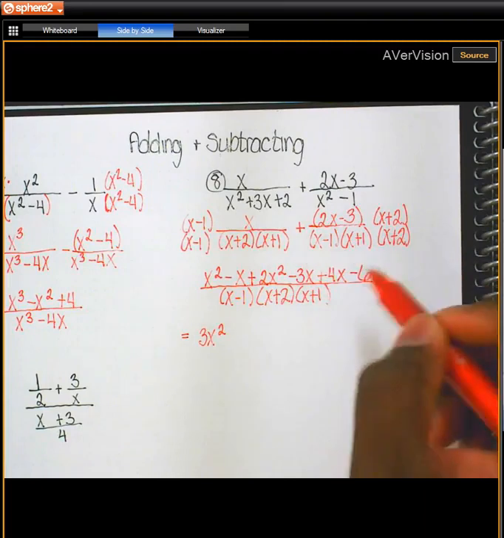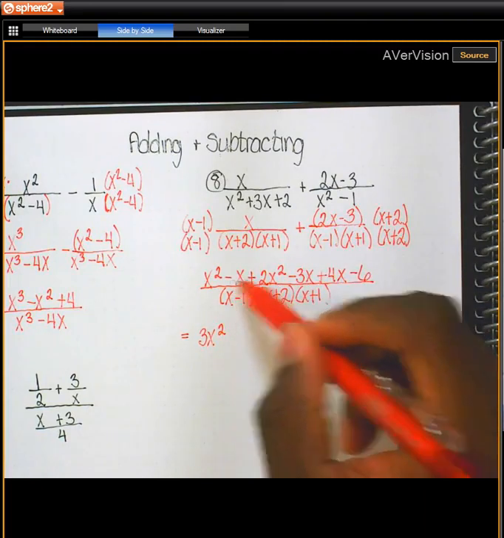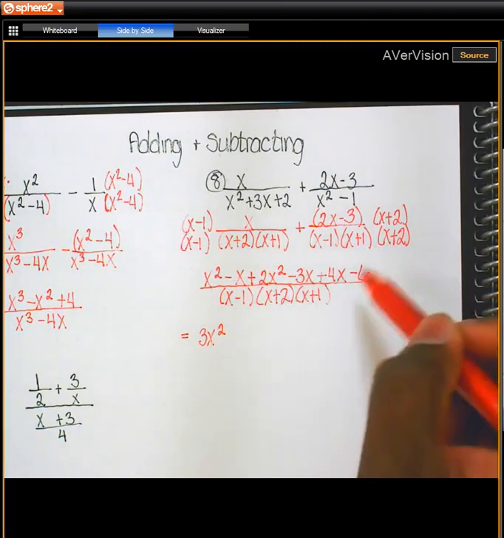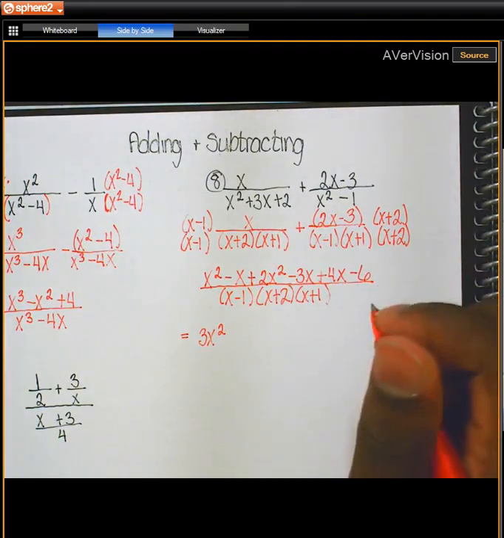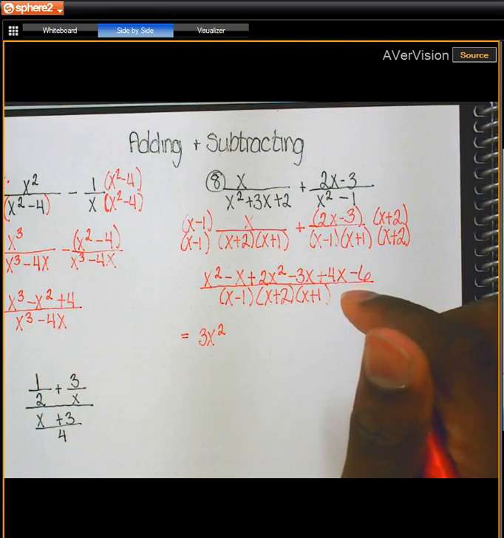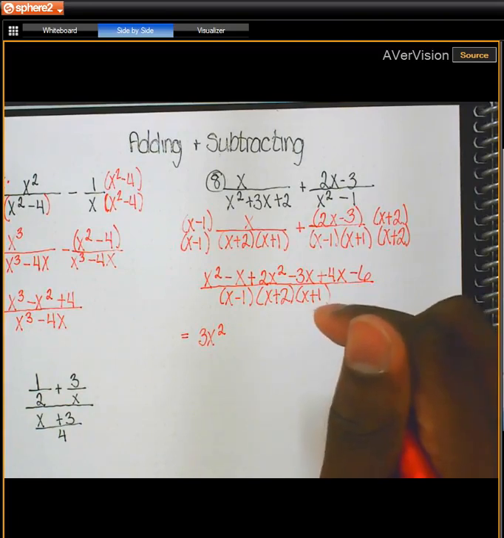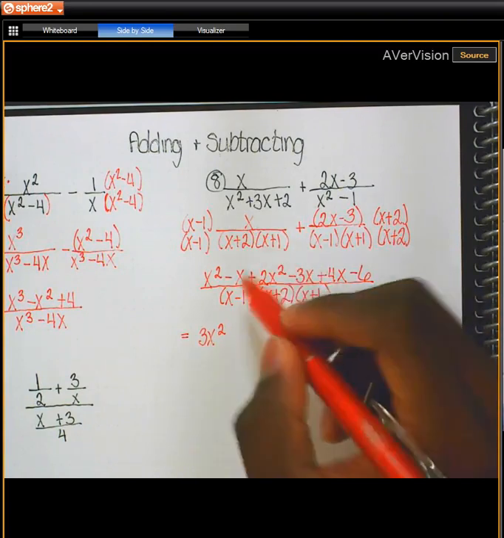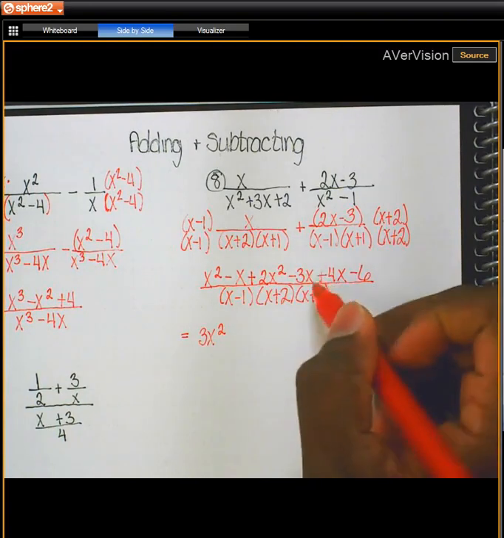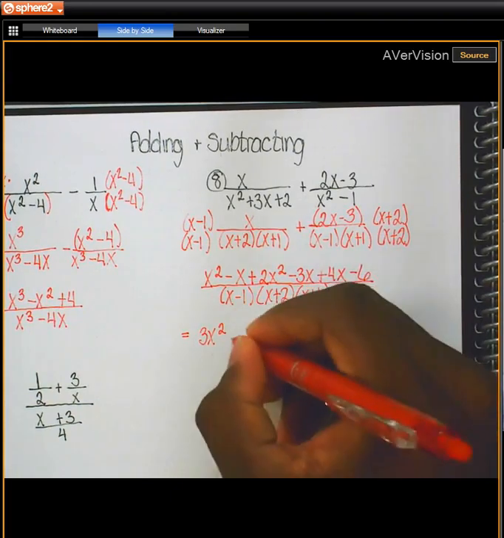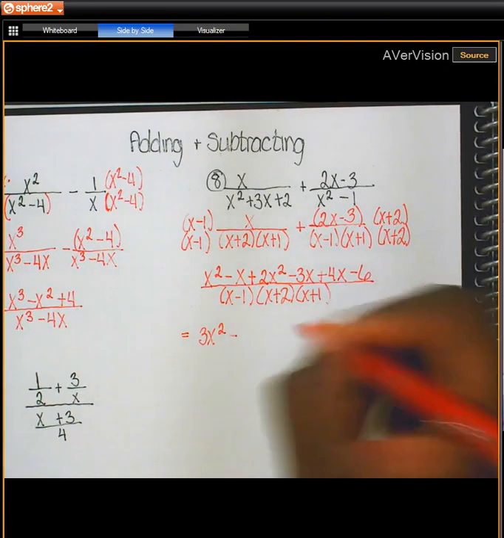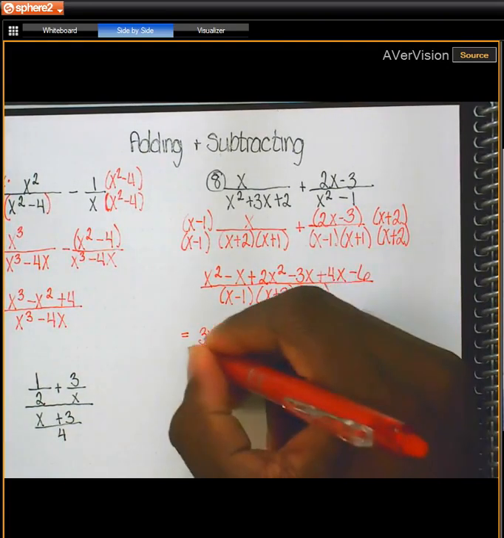And we have negative 1 minus 3 plus 4. What is that? Yeah, that's 0. So negative 1 minus 3 is negative 4. Negative 4 plus 4 is 0. So we don't have any more x's. We're just left with minus 6.